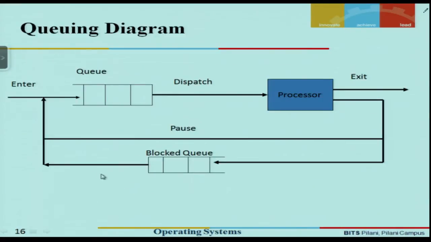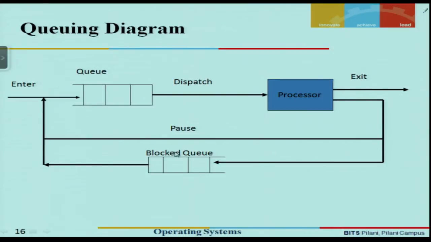So again, a three state process transition diagram. Let us try to look at it in terms of a queuing diagram. In a two state process transition diagram, we had seen that there was only one queue and a processor. In this case, we have one queue in the beginning where new processes are coming and entering, or the set of processes which are pausing.